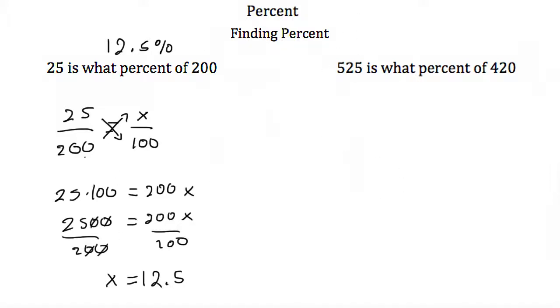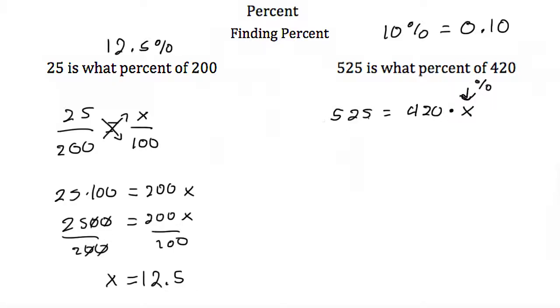Now you don't have to use proportions again. Remember when we had 10% of something, that was equal to 0.10. So if we wanted to find 525 is what percent of 420, we can say 525 is equal to 420 times our percent.